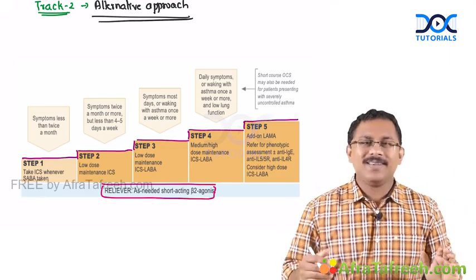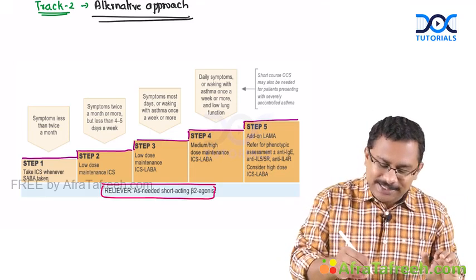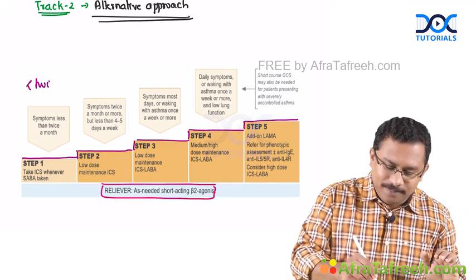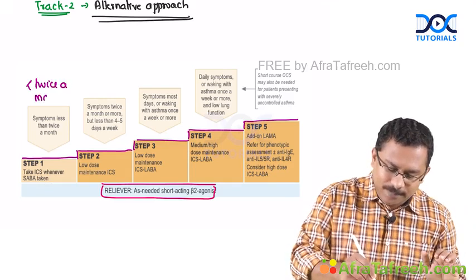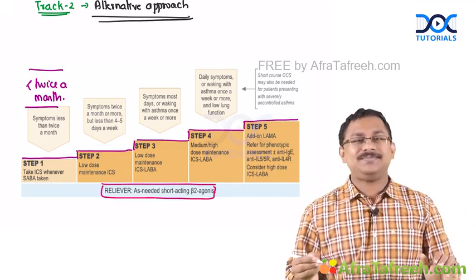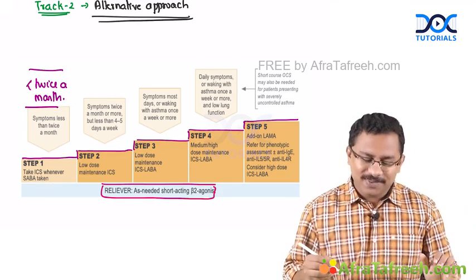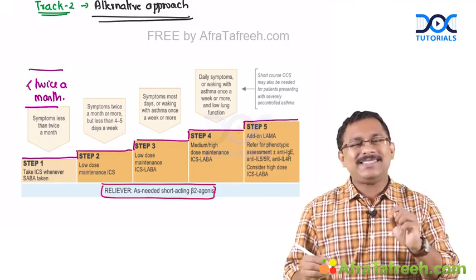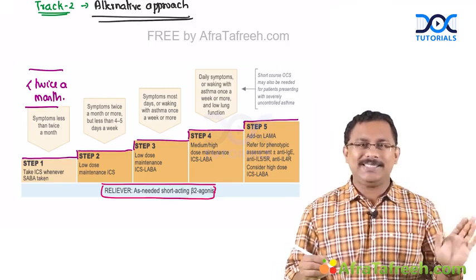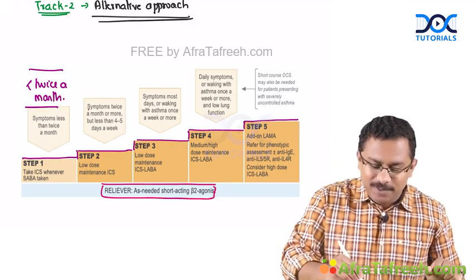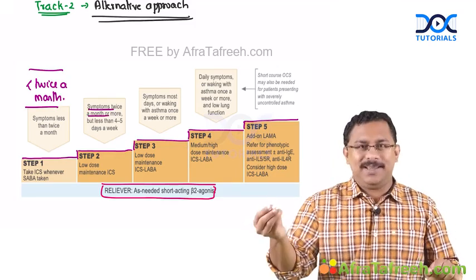Step 1 means the patient is having symptoms less than twice a month. That is step 1. Whereas when it comes to step 2, the patient is having symptoms more than twice a month. Naturally, this is a higher step, but it will be less than that of your step 3.